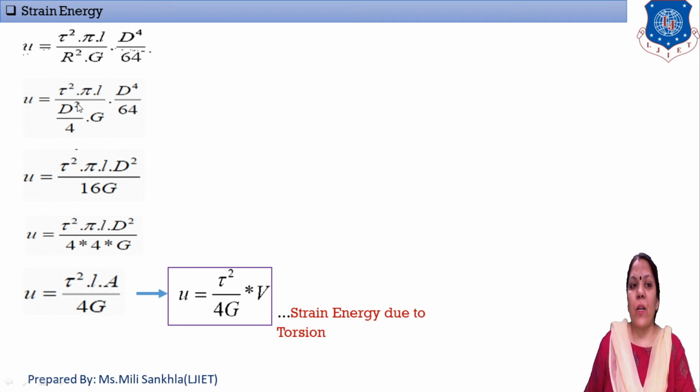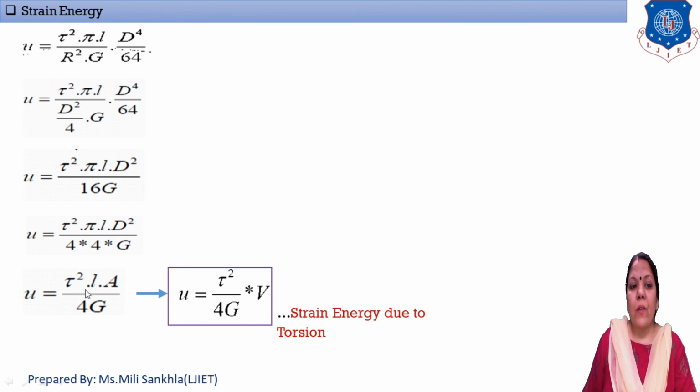Here D⁴ and D², so in the numerator D² is left, τ² π L, and in the denominator 4 times 64, that is 16 G. Take care here: τ² π L D², and if I separate out this 16, 4 times 4 is 16, into G.